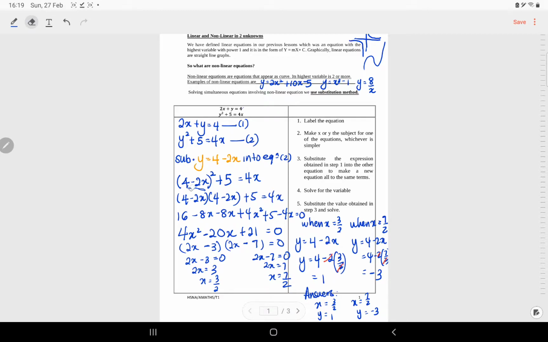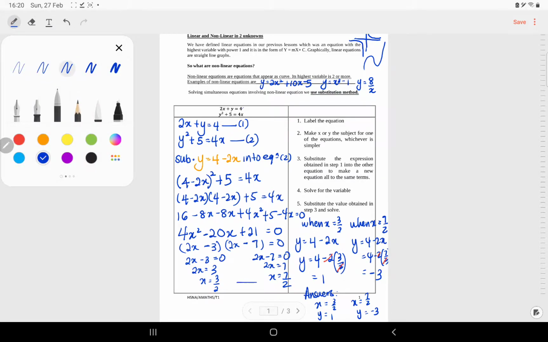By substituting that, what it gives us is an equation all in terms of x, and so we should be able to solve for x. Once you've got your x values, do not stop there, because you need to find y. In our variables, we have x and y, so we also need to find y. So substitute your x values into your y equation here, and that should give you your y values.